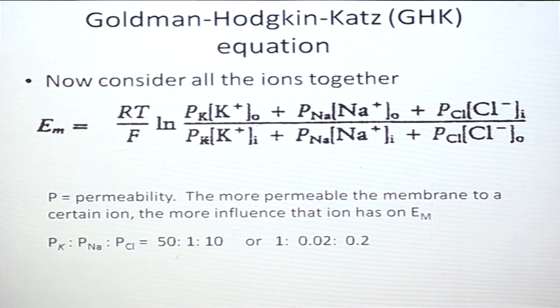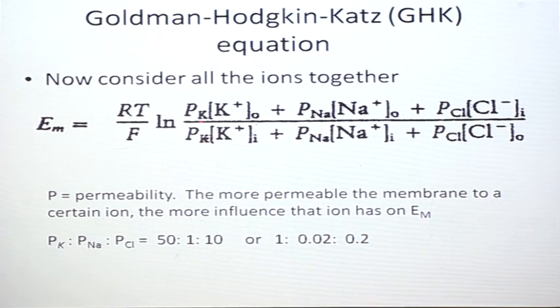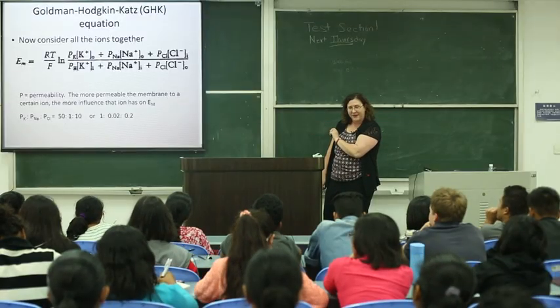So when we look at that, we can say that the K compared to the sodium, compared to the chloride, is 50 to 1 to 10. So you can either put a 50 in front of each one of these and a 1 in front of each one of these and a 10 in front of each one of these, okay, when you're figuring this out.